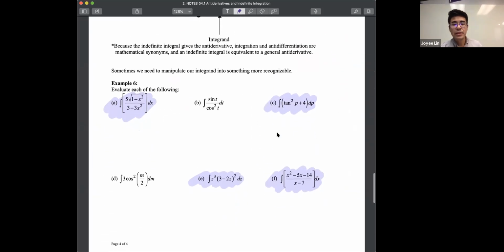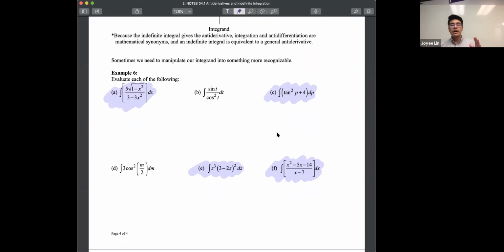All right. So the other thing is you just need to know certain antiderivative techniques of integration, because sometimes you know how to do the simple ones, but then you look at something and it becomes impossible to antiderive. So for example, does anybody know what we should do for letter A? Because it looks really, really gnarly right now.